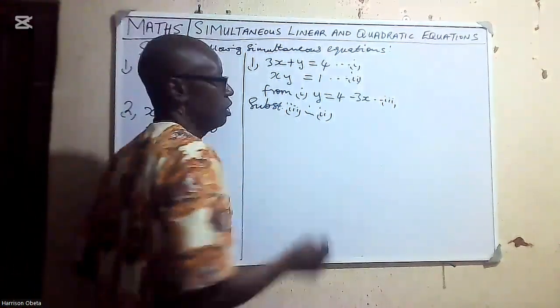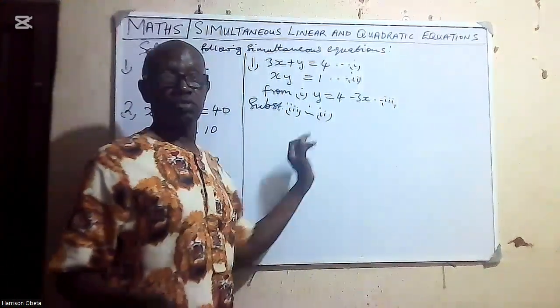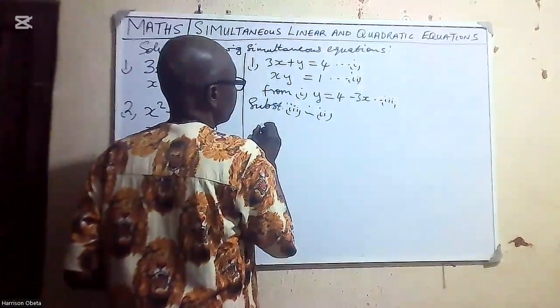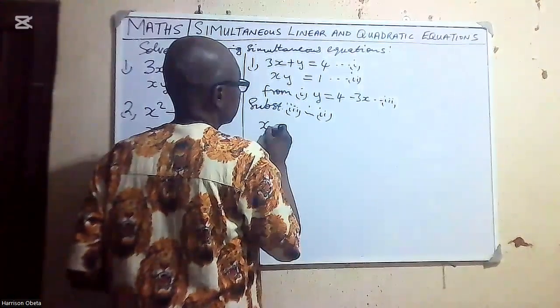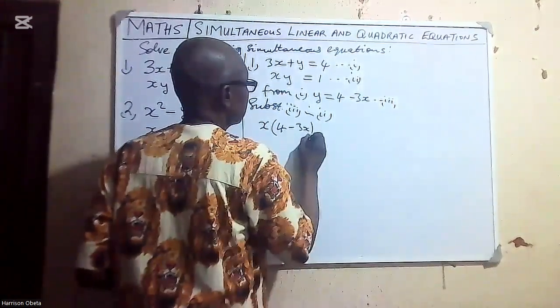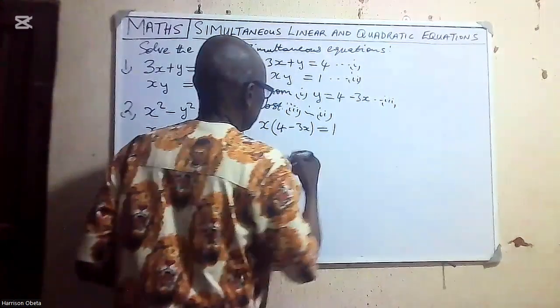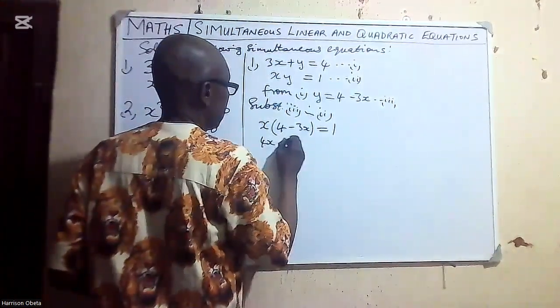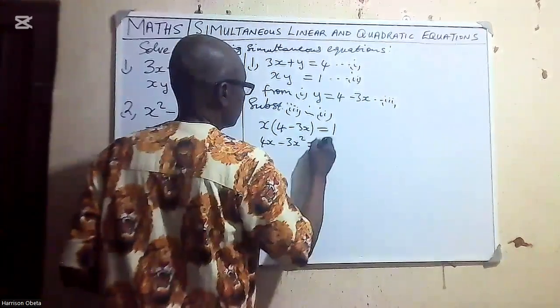So putting it in equation 2, we have x bracket 4 minus 3x is equal to 1. Open the bracket. 4x minus 3x squared equal to 1.